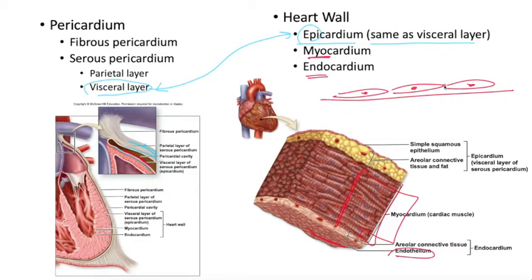And it doesn't just form part of the endocardium, or the lining of the heart. It also is the epithelial tissue that lines all of your blood vessels as well. So basically the entire circulatory system is lined with this simple squamous epithelium that we call endothelium.